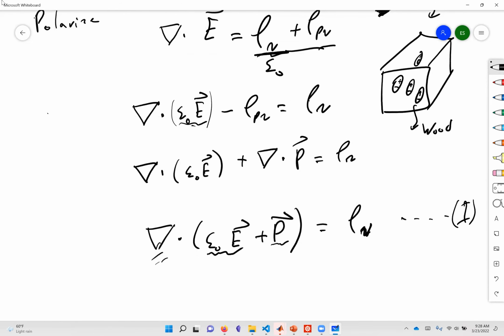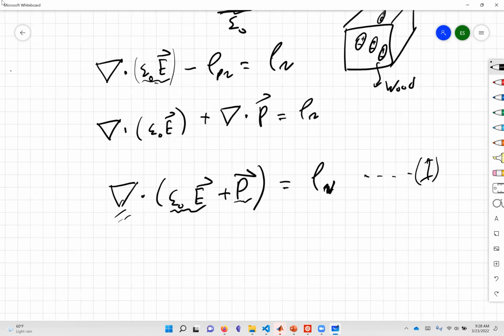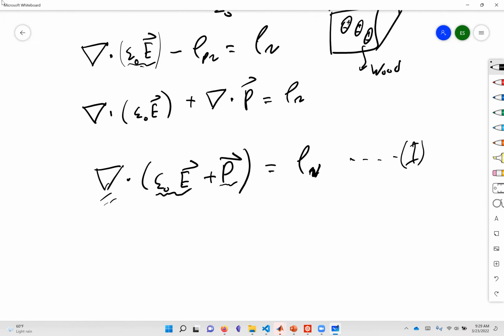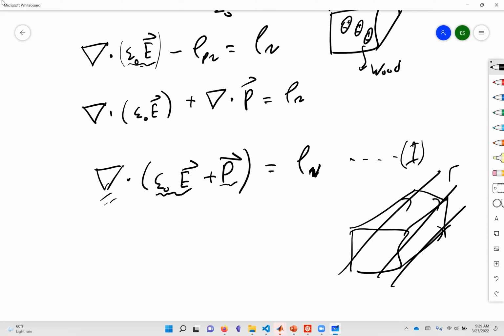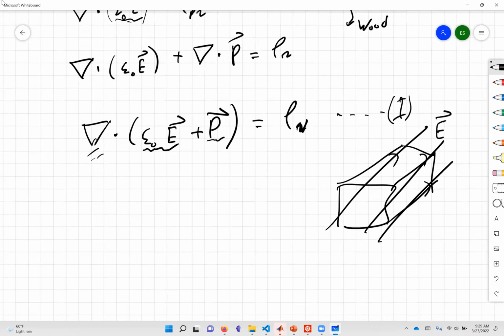Okay, we could stop here, but we want to go further. And the way people go further is, so the material is here, right? This is some wood or some glass or whatever, and there's a field E. We could ask ourselves, how does the electric field polarize the material? I mean, it could be complicated.